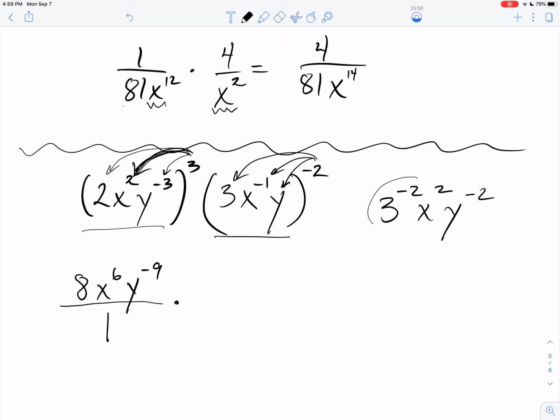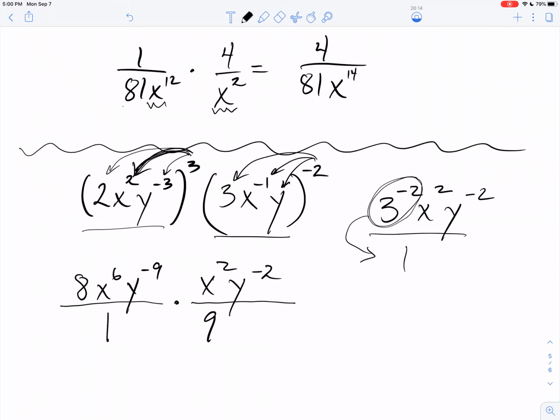The reason I wanted to separate this is, what's going to happen to that? If it travels downstairs, I'm going to get a 9. See, I like to take care of numerical stuff separate from letter stuff. And then I'm just going to fill in the blanks here.